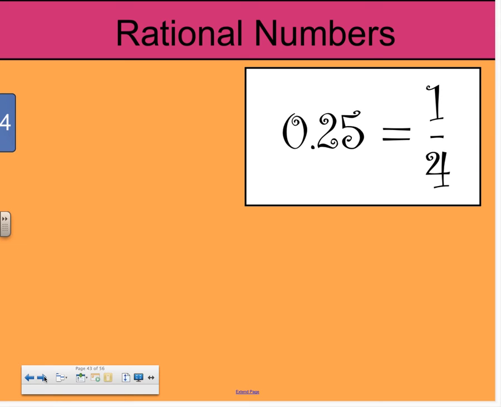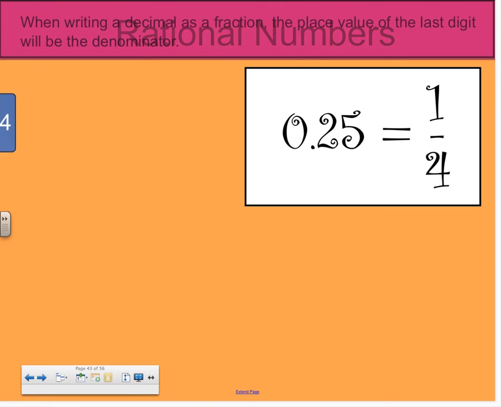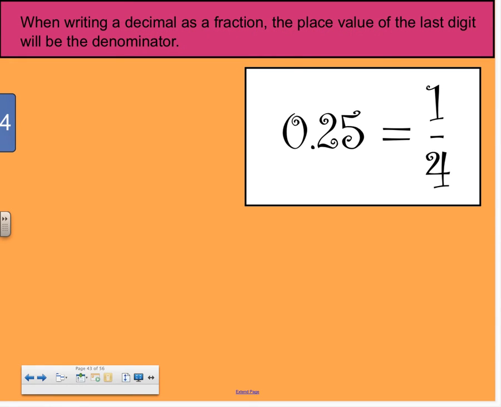Now, example 4 is different because now we have a decimal already, and we want to turn that into a fraction. Now, this, I think, is actually pretty straightforward, okay? So if you notice, it says when writing a decimal as a fraction, the place value of the last digit will be the denominator. All right, I need everybody to read this with me.